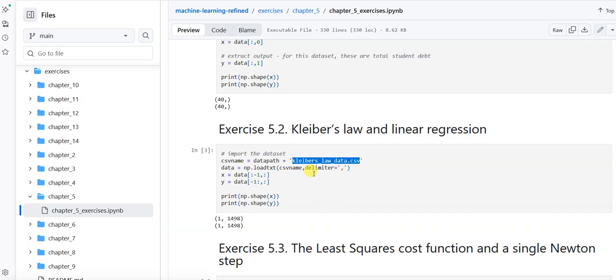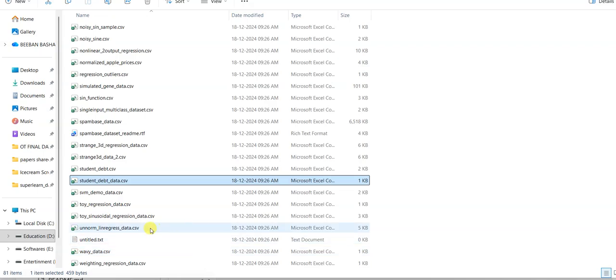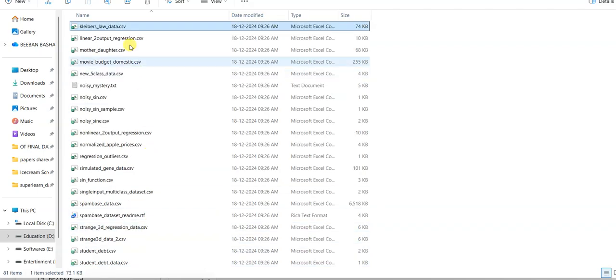Kleiber's law data sets. Yeah, this is Kleiber's law data. So all the data sets are also freely available in that one.